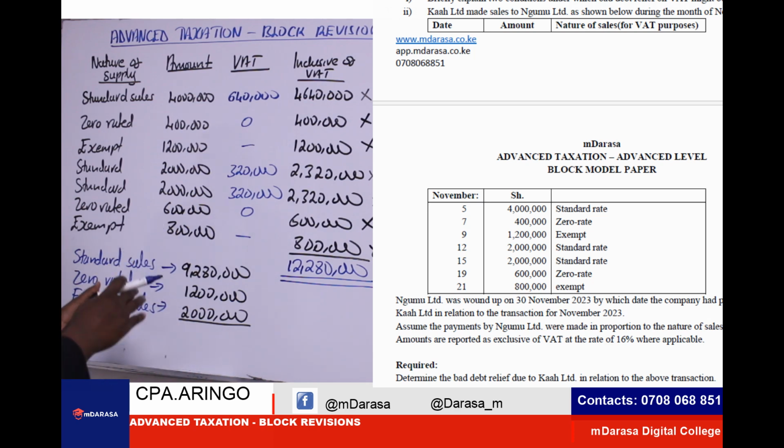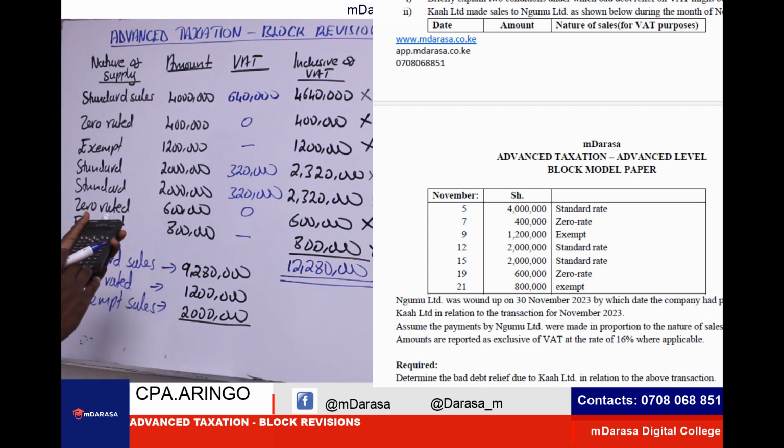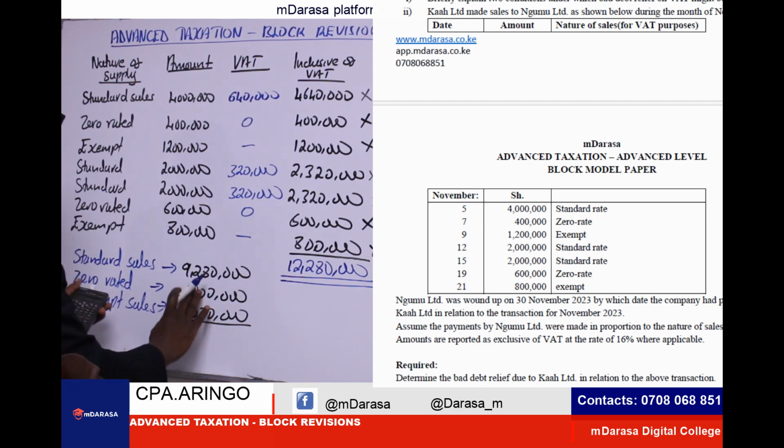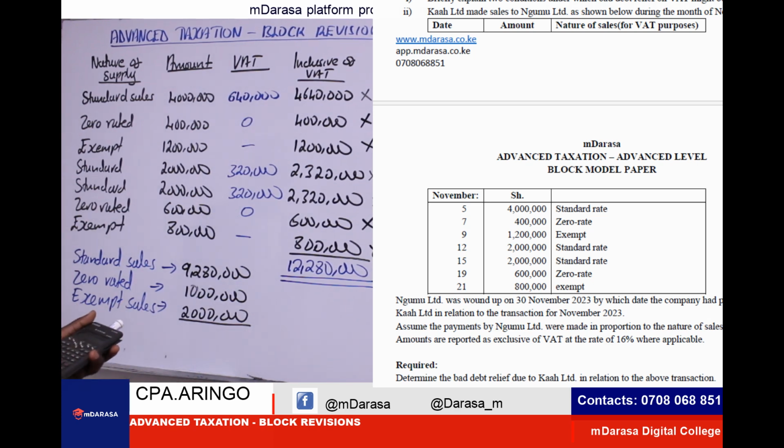You're getting 9280 plus the zero rated, we're having 400 plus our value, which is 400 plus 600 to give us 1 million, right? So this is 1 million, the zero rated, right? Zero rated is 1 million.